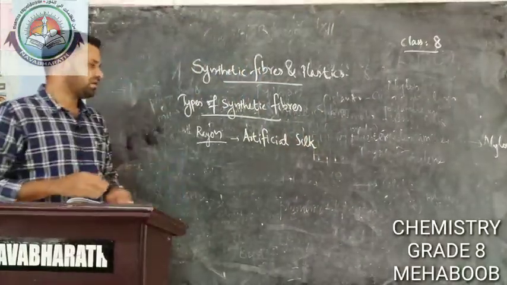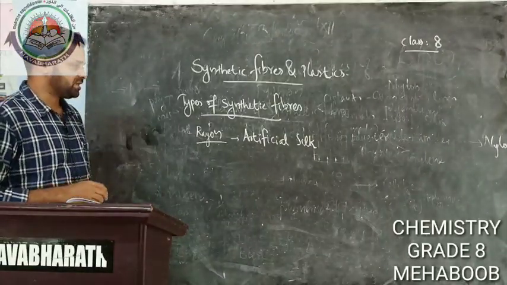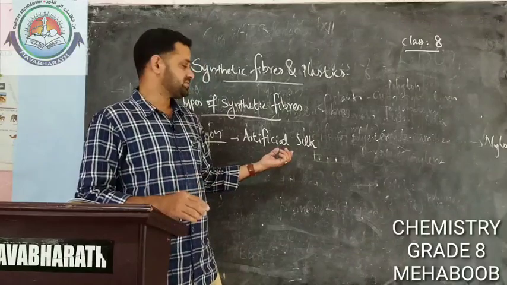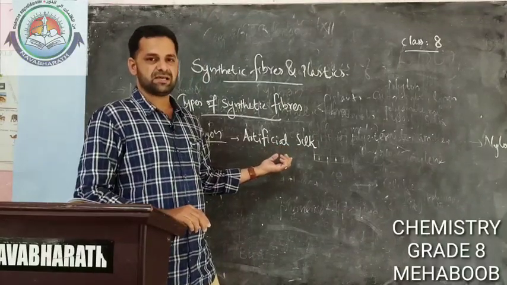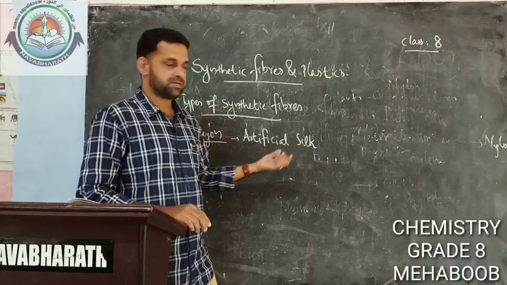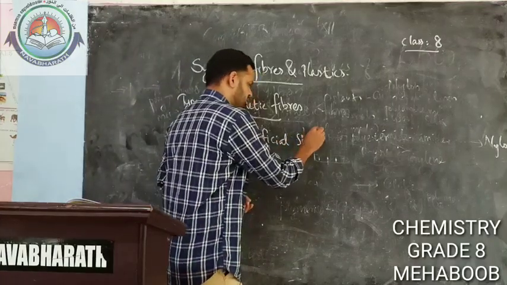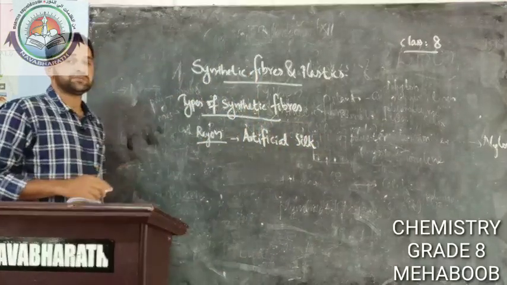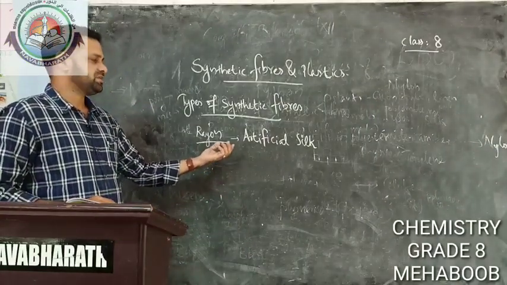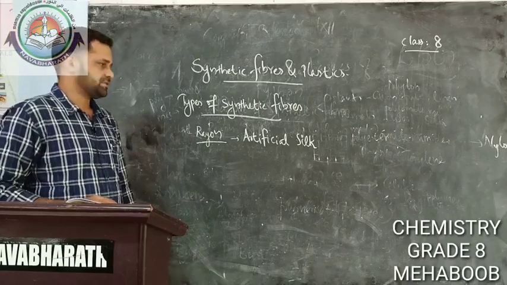Rayon is also known as artificial silk. Why? Because rayon resembles silk. That is why it is also known as artificial silk.